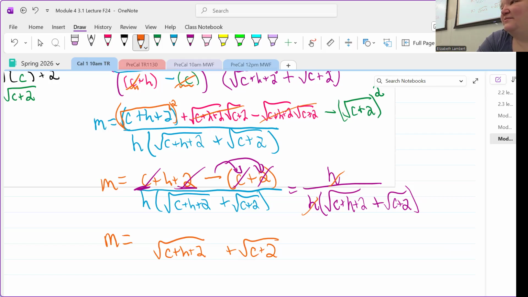Yes, actually, people do this particular thing quite a lot. But it's a very easy mistake to make because I canceled those h's before, but we need to preserve that this crazy mess that I have left over is still in the bottom of a fraction. So even though the h is canceled, structurally, I need a 1 as a placeholder to hold the fraction bar to show that these guys are actually on the bottom.